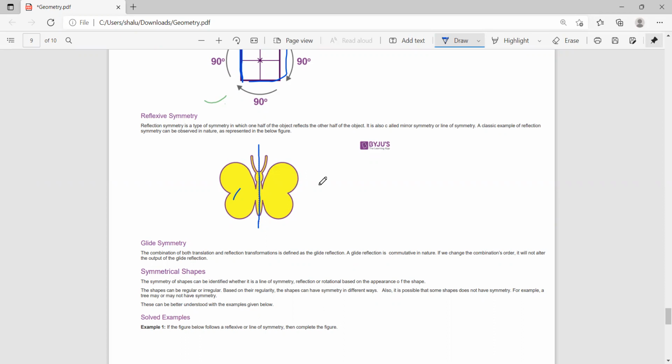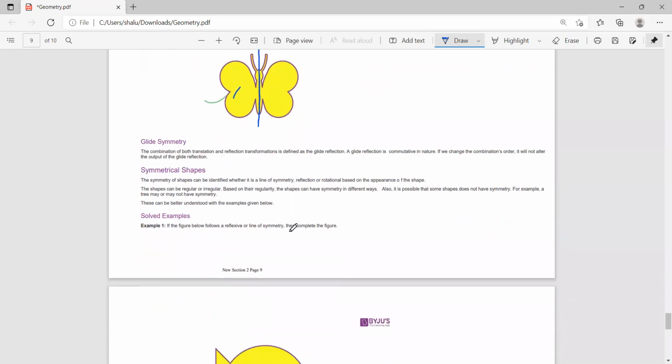So this kind of symmetry is called reflexive symmetry, where we imagine a line of symmetry as a mirror, and whatever shape we have on this side, if it obtains a mirror image on the other side, then it is called reflexive symmetry.